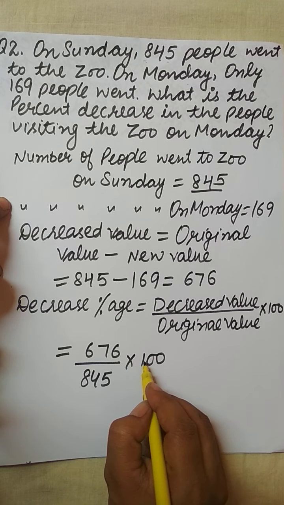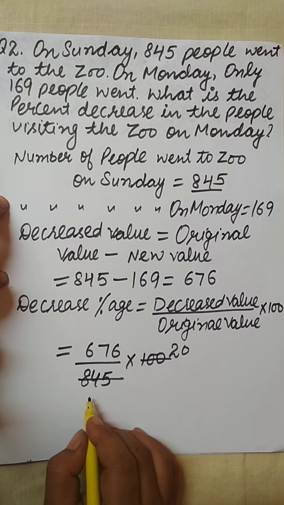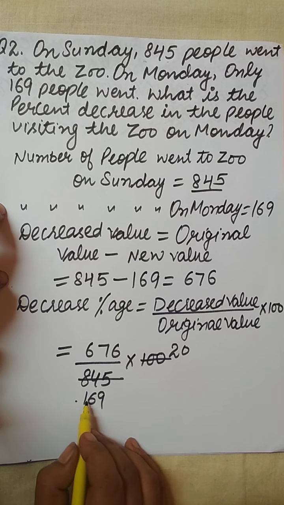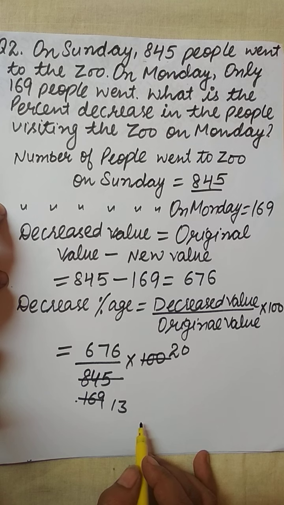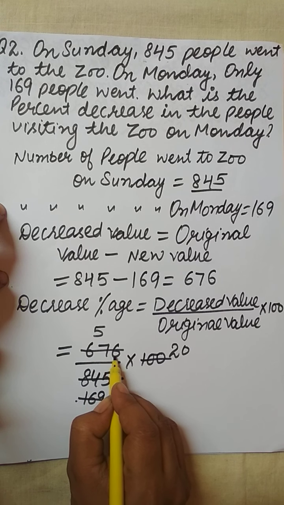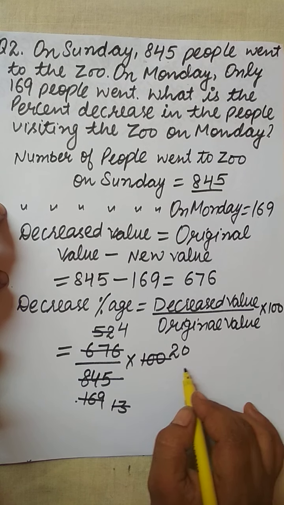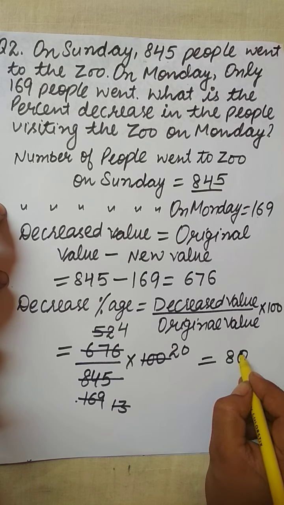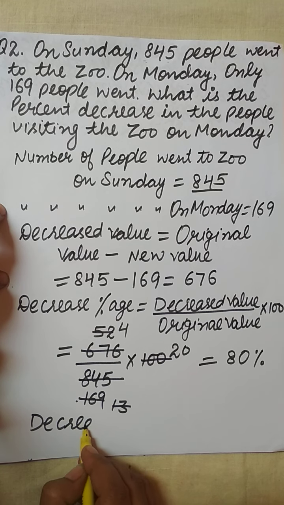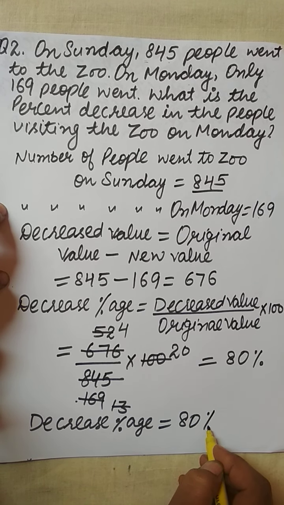Do the simplifications. 100 divided by 5 is 20. 845 divided by 5 is 169. 169 is the square of 13. 13 5s are 65. 13 2s are 26. 13 4s are 52. 20 multiplied by 4 is 80%. So decrease percentage is equal to 80%, which is the answer.